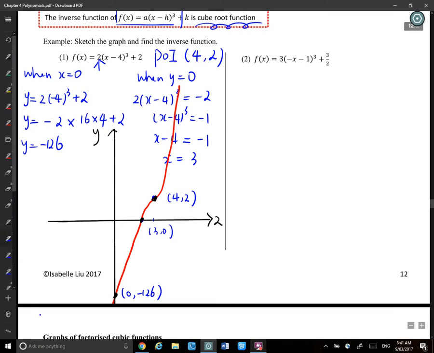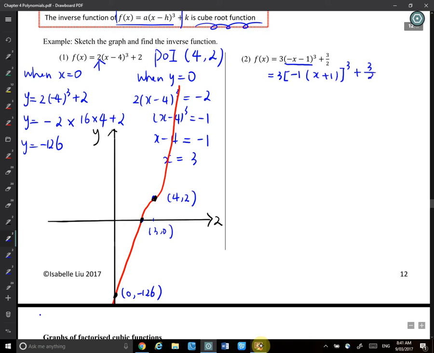For the next equation, you should see that it's not in the standard form. In the standard form, the (x minus h) cubed should have a single x with no coefficient in front of x. But I have a coefficient of negative 1 in front of x, which is not good. So let's take minus 1 as the common factor.